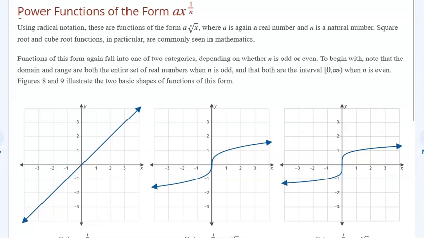Now, in this next part, to give you some general background, power functions of the form ax, but now the variable is in exponential form as a fraction. So you may recall that this exponential fractional form can be converted to radical form. So these are equivalent. And what does it look like?